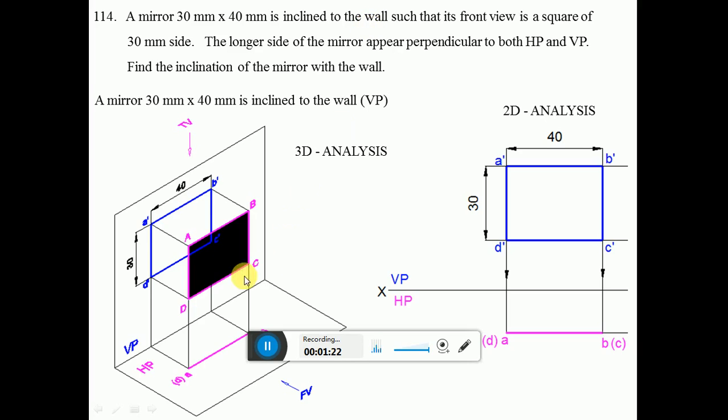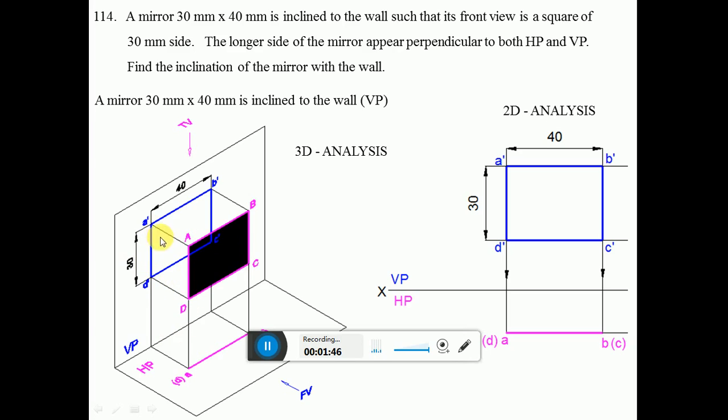Here we have assumed some distance from the vertical plane, and then we have constructed a mirror, a rectangle of 30 mm by 40 mm. This rectangle is parallel to VP, that is, points A, B, C, D are all equidistant from the vertical plane.